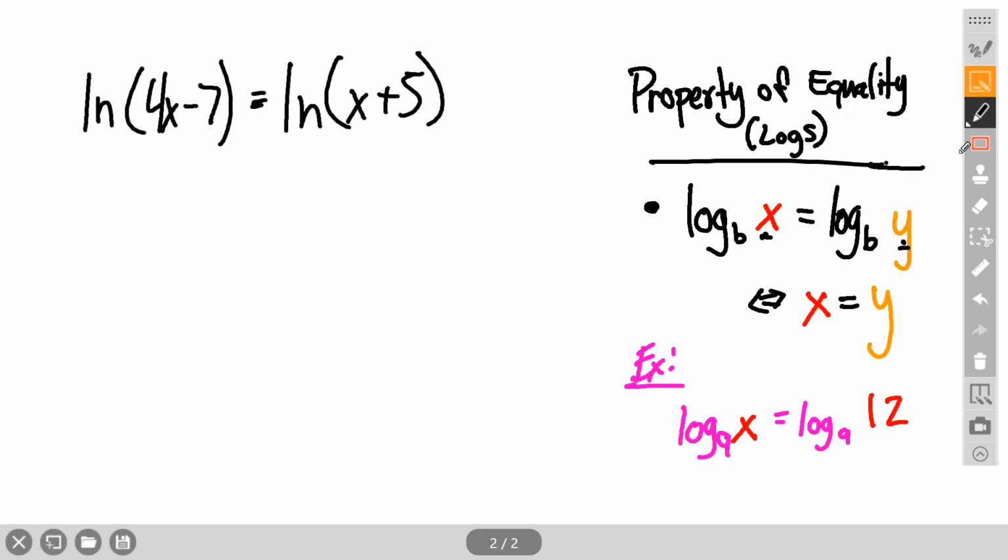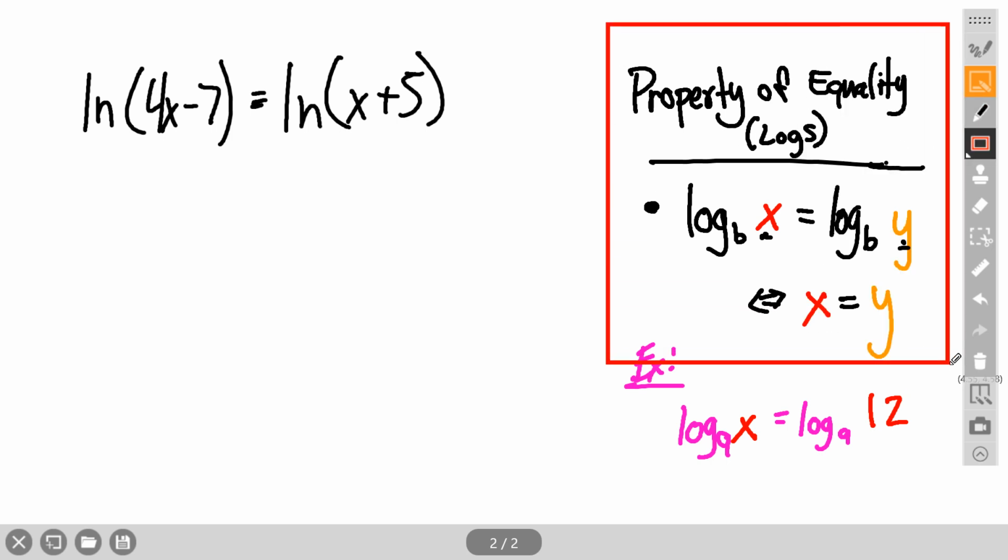According to this property of equality that we have here, what would that tell us about the relationship between x and 12 here? Yeah, they're the same. They're equal. In order for both sides to be the same, x and 12 would have to be the same thing. x would have to be equal to 12. And this is the property that we're going to use to solve these types of equations.